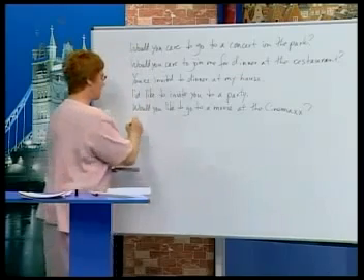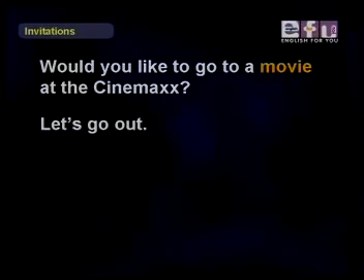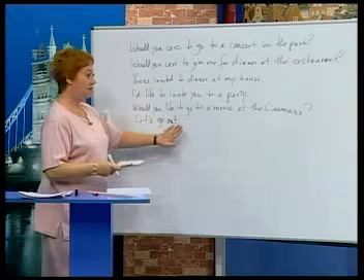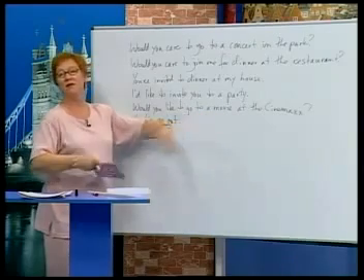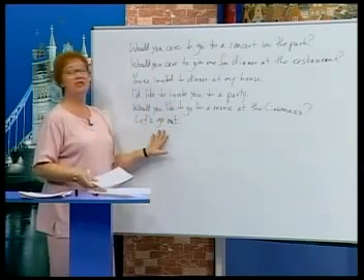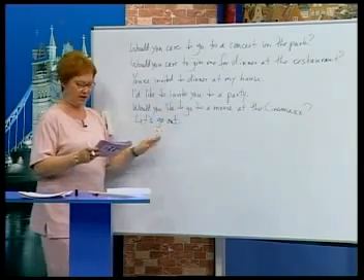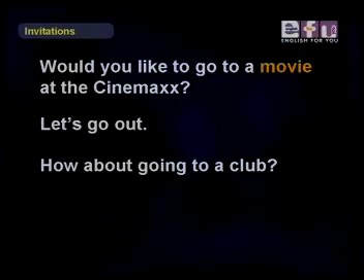Now here's a casual one. Let's go out. There's no time or place or anything. It's very casual, very general for this one. Okay? Now here's another one. How about going to a club?